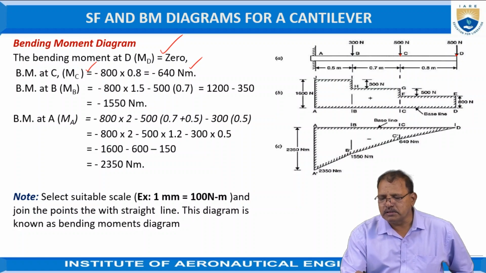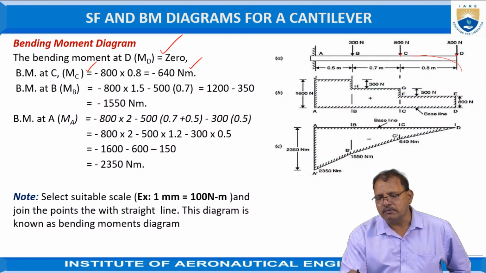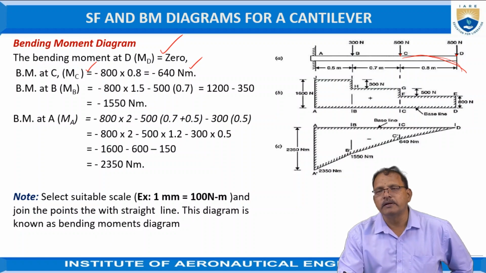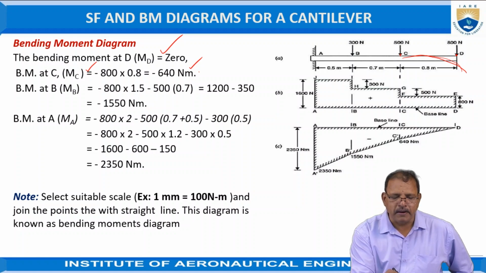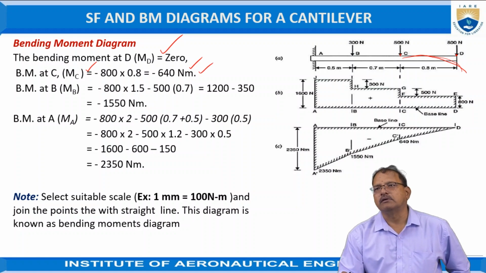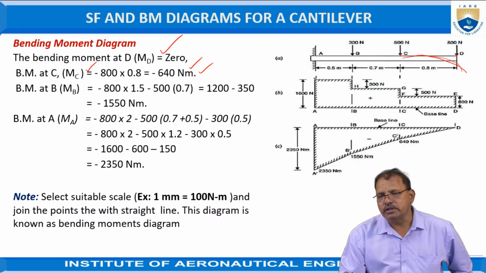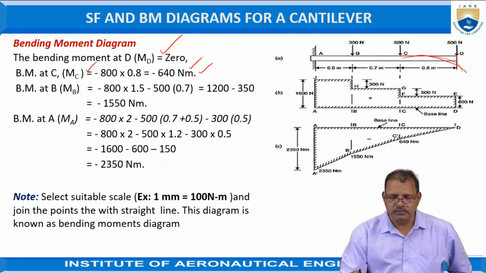The effect on the beam tends to bend it in the form of convexity at the top, like this. Hence, the bending moment is treated as negative. Hence, it is represented as minus 640, which tends to rotate the body in the clockwise direction with respect to the left hand side.